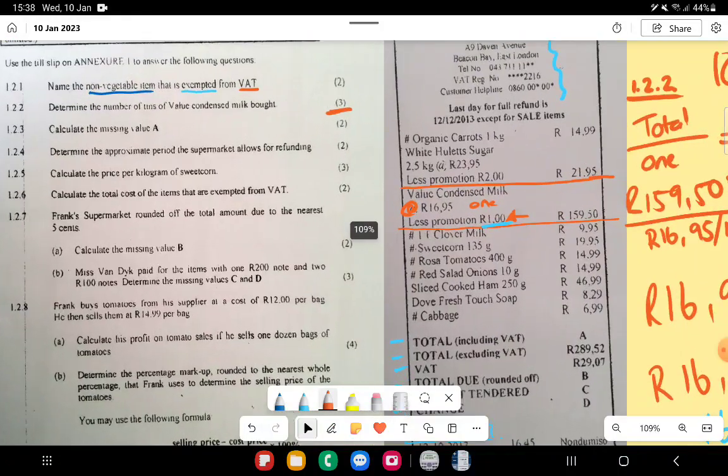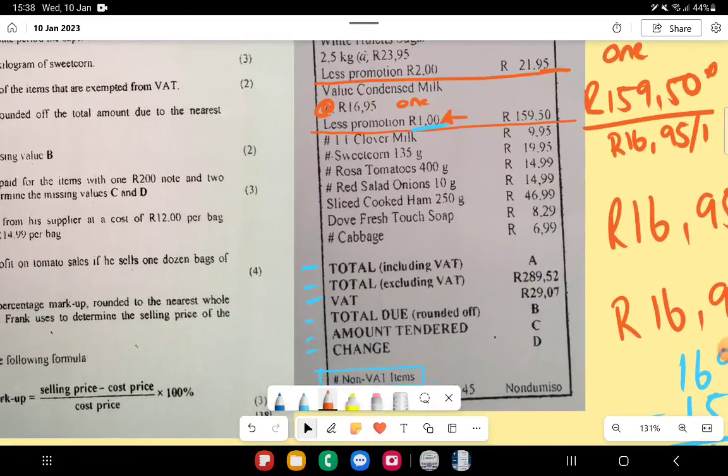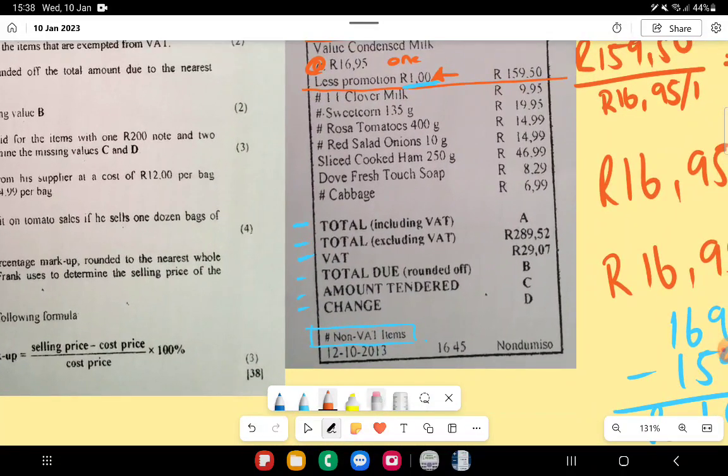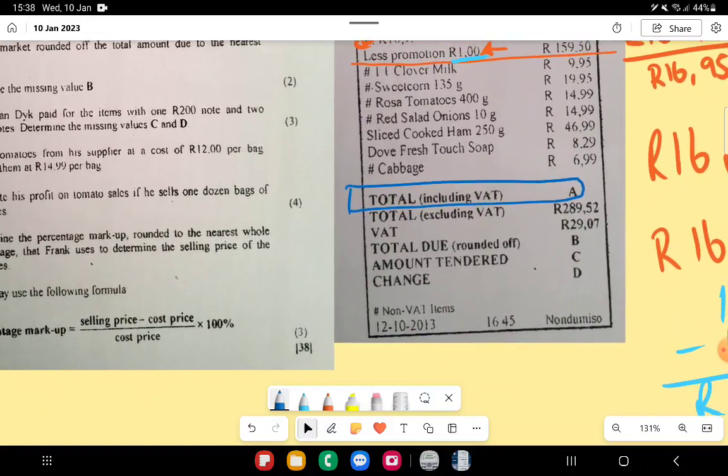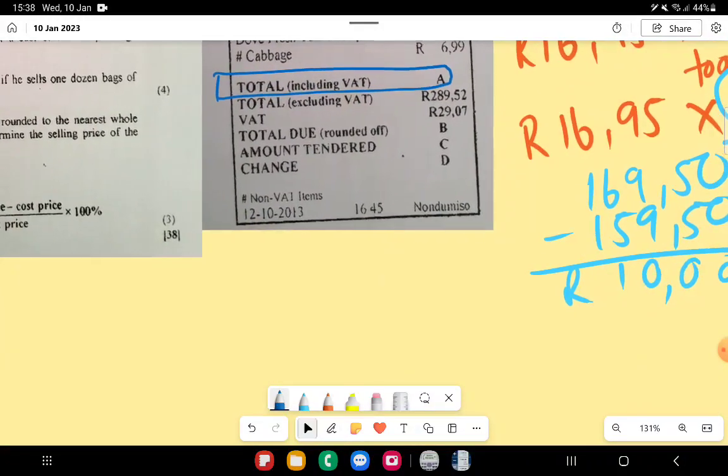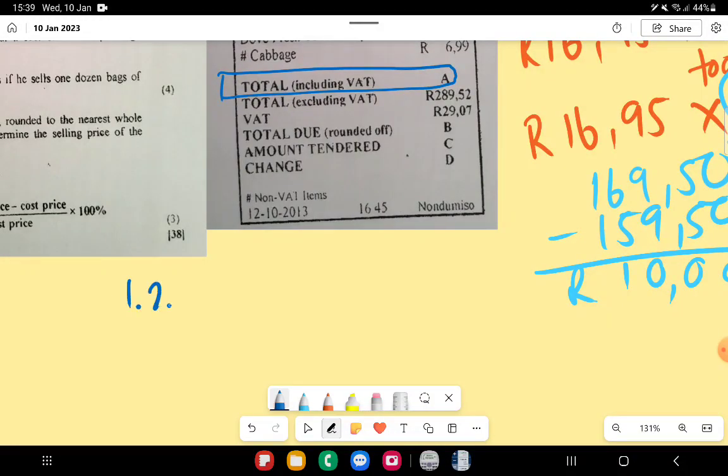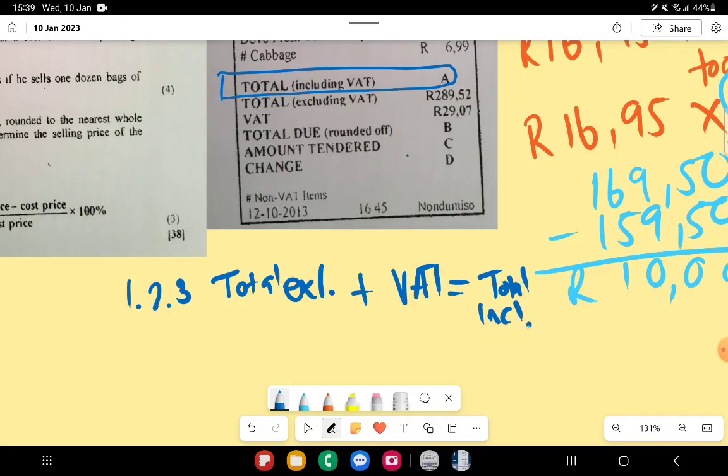Question number 3. Calculate the missing value of A. What is A? Let's have a look here. A is total that includes VAT. Okay, for this, you're going to use the formula I gave you. So we are going to say, question 1.2.3, total excluding VAT plus VAT is equal to total including VAT.